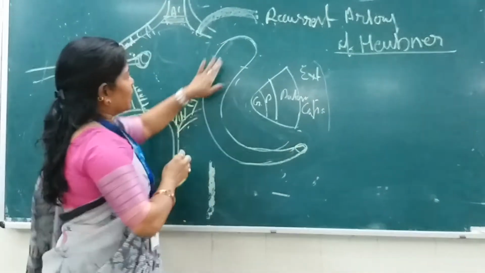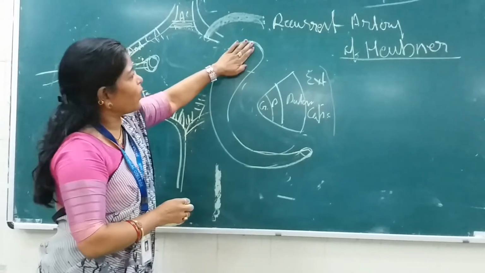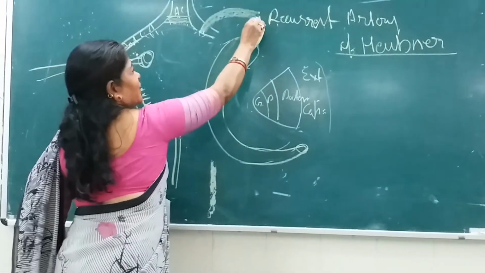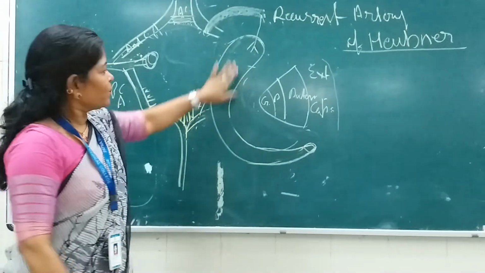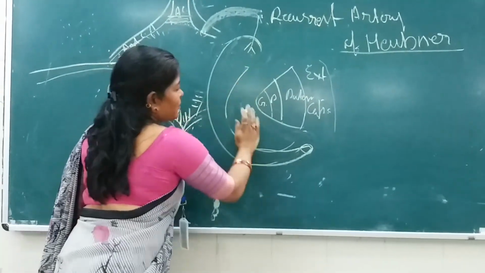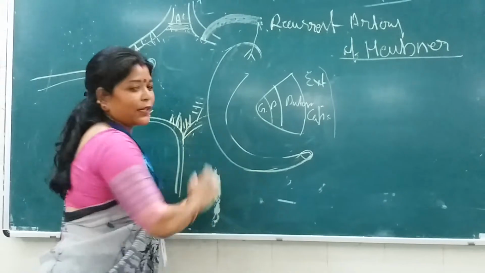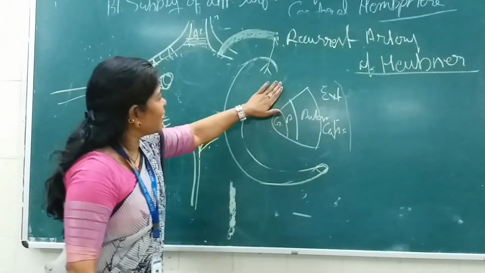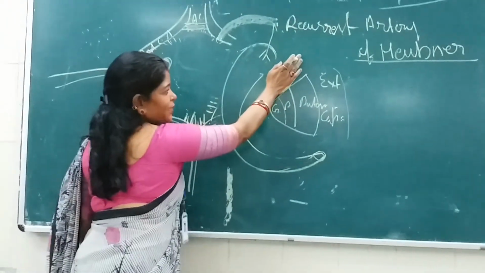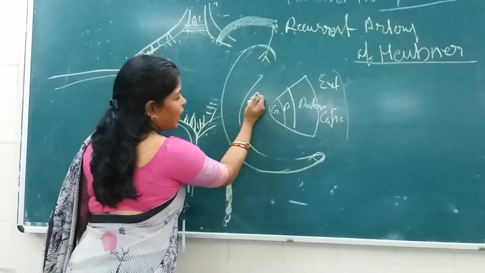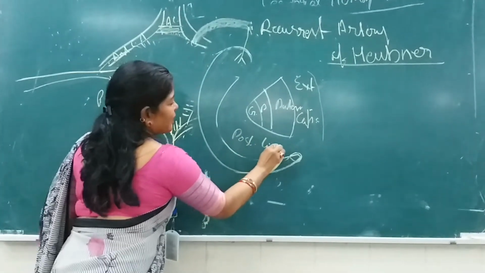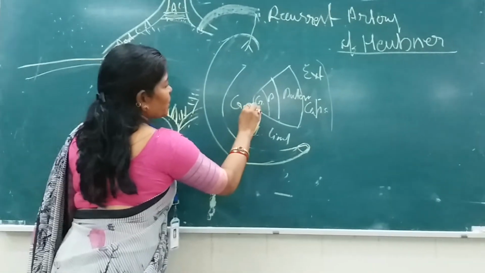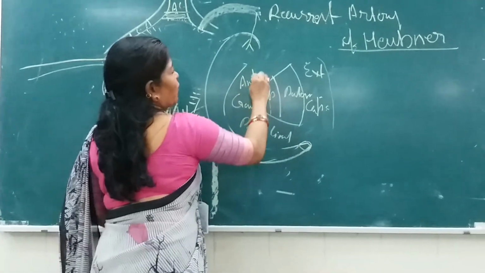Now, the head of the caudate nucleus gets a direct branch from the recurrent artery of Heubner. All of you must know that there are three parts of the internal capsule: this is the anterior limb, this is the genu, and this is the posterior limb.